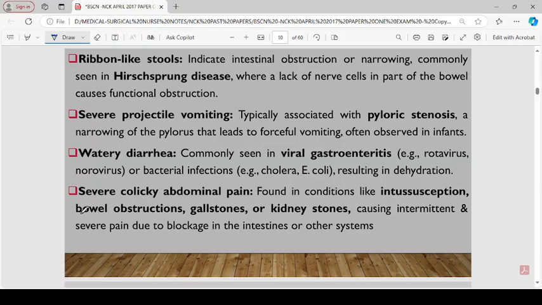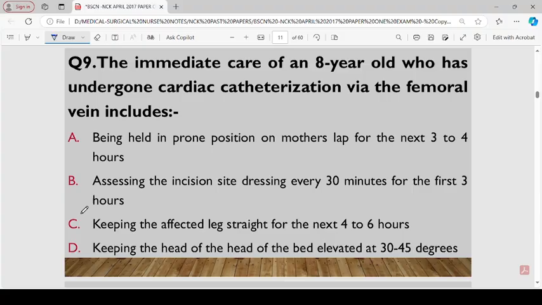Watery diarrhea is commonly seen in viral gastroenteritis, like the infection caused by rotavirus and norovirus, cholera, E. coli, right, and so on. Colic, abdominal pain is associated with intussusception, bowel obstructions, gallstones, and kidney stones.